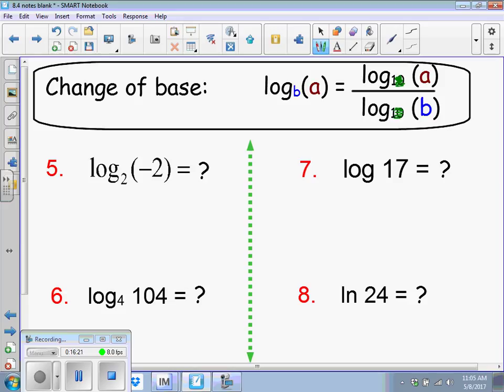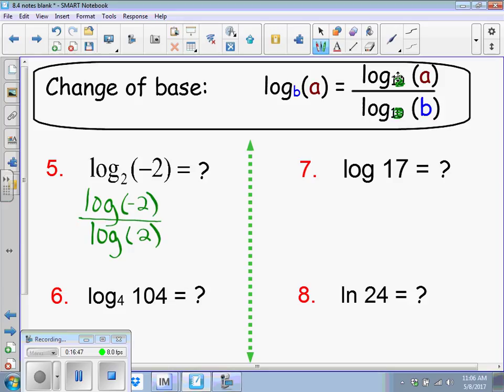Now, when we look at number 5, that has a different base. It's not 10 and it's not e, right? So we can't just put it in our calculator. So what we're going to do is use our change of base formula to rewrite it using common logs. So that equals log of -2 divided by log of 2. Now that's common log, so they're base 10.